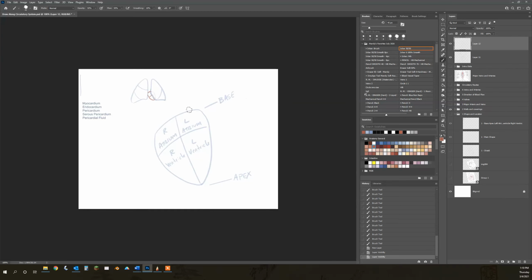I'm going to start over here, and I'm just going to kind of draw along my shield. And I'm going to draw this middle wall called the septum. So what we have right here is this main muscular wall is called the myocardium.